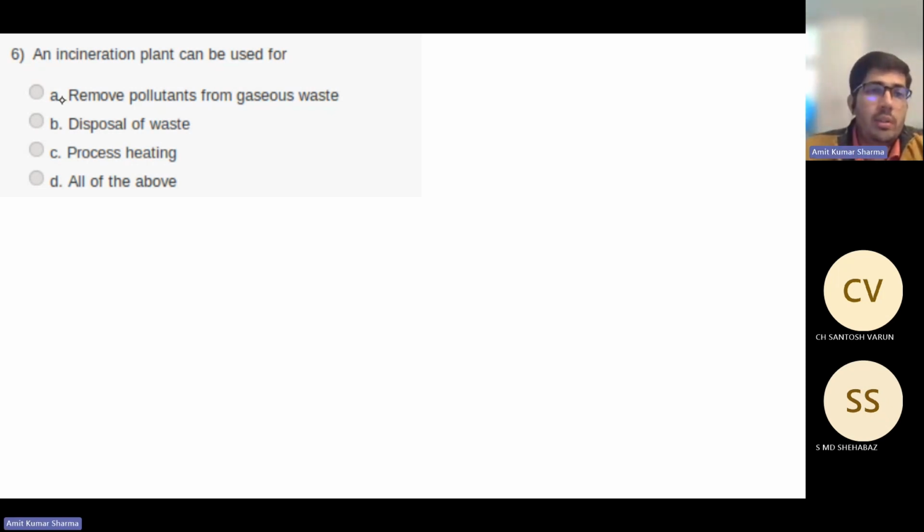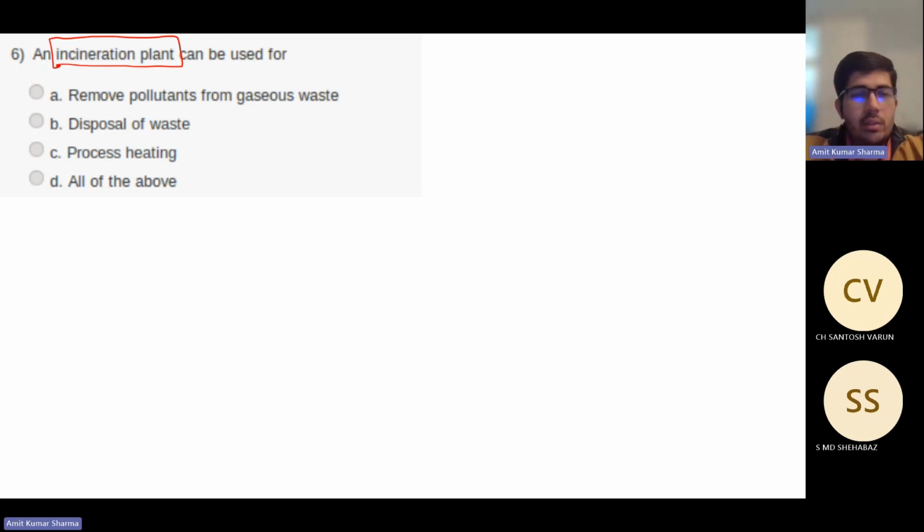Try to focus on this statement. It is saying an incineration plant. So plant means not only the incineration unit, it is the complete plant with all systems, with all balance of plant equipment.